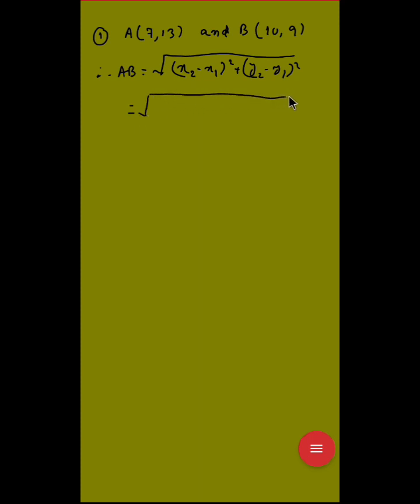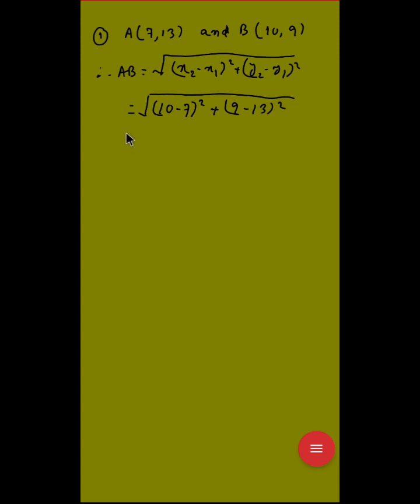So we have to get the answer. So x2, we are taking 10, sorry, 10 minus 7 whole square plus, similarly, 9 minus 13 whole square.